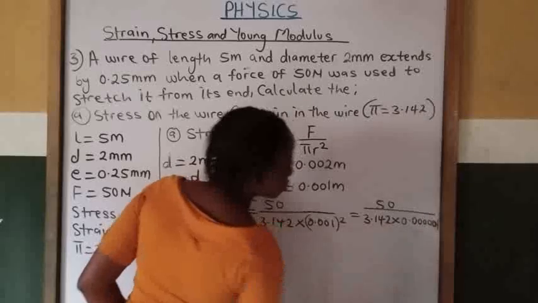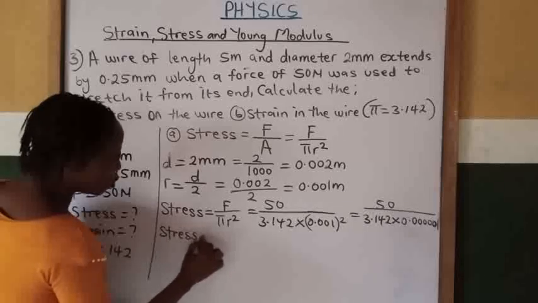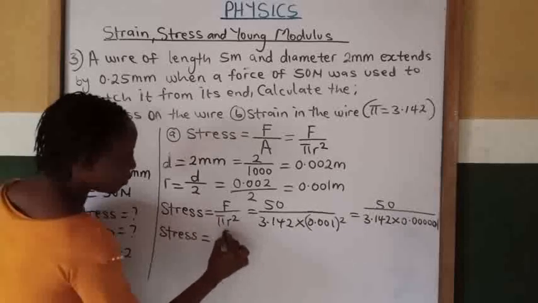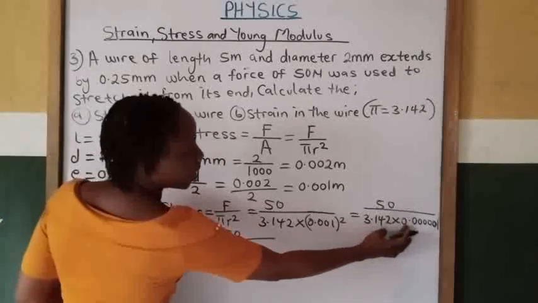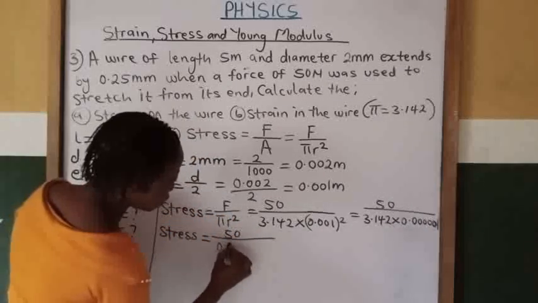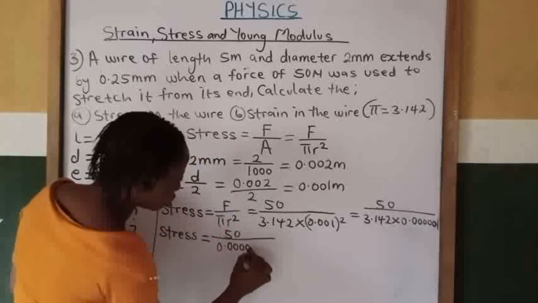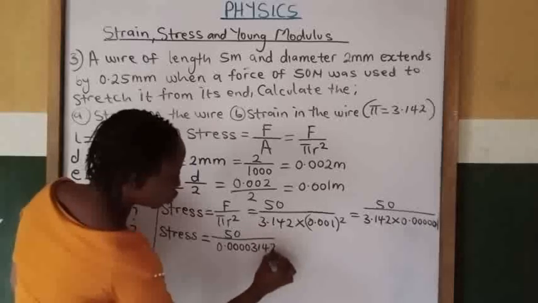Which will give us 0.000001. So therefore, stress will be equal to 50 divided by 3.142 multiplied by 0.000001, which gives 0.000003142.